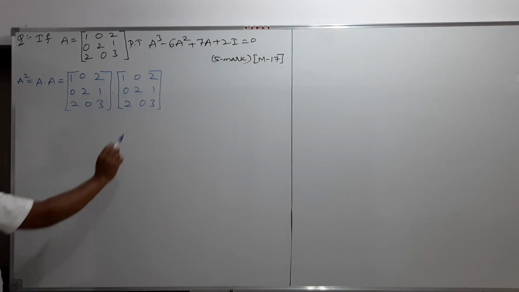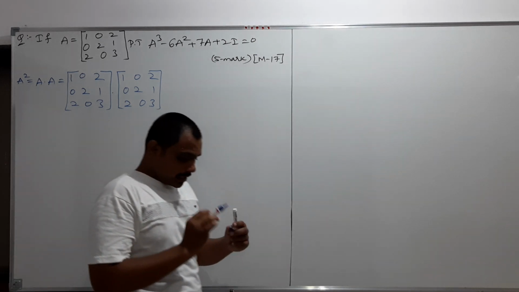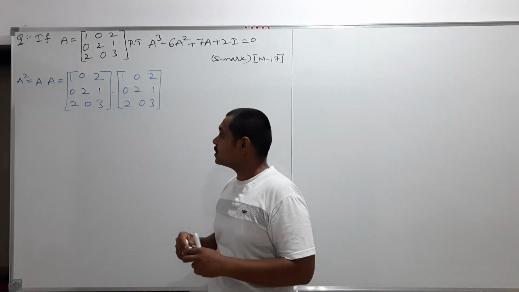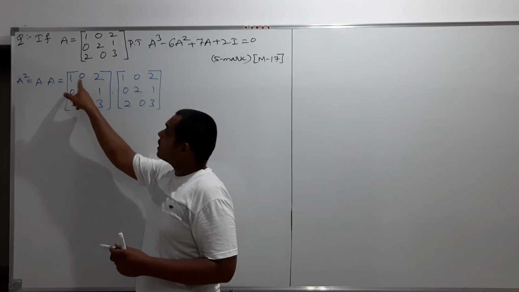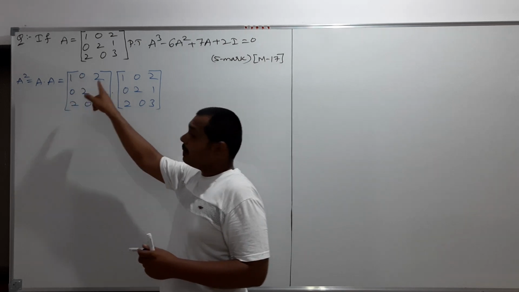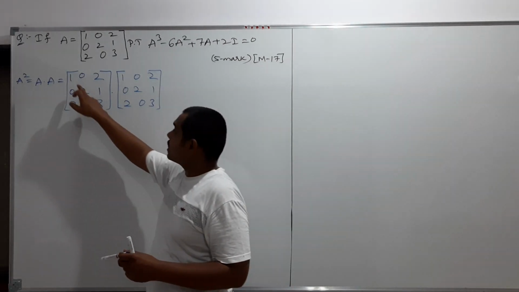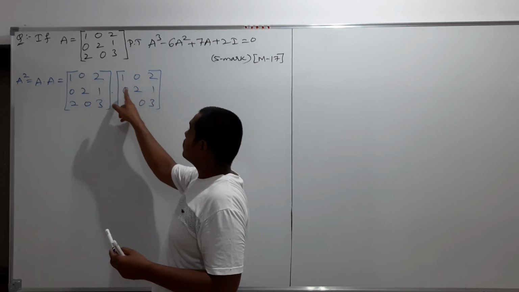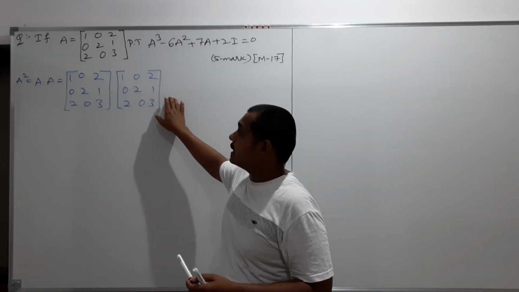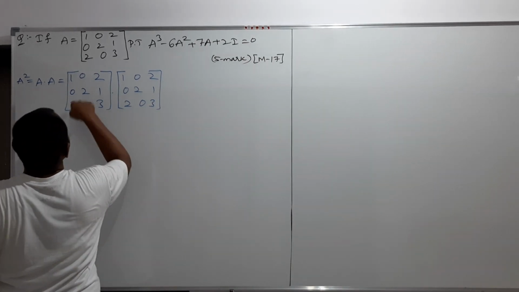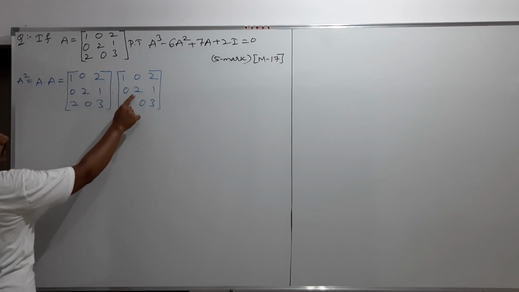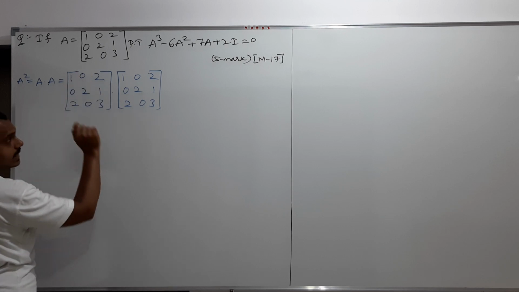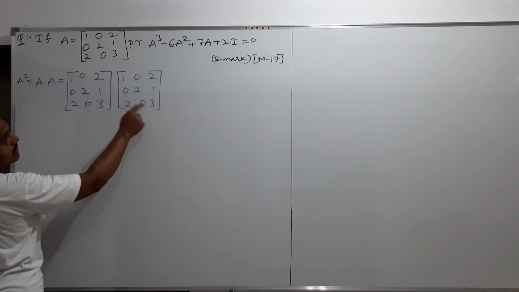Now we should multiply these two matrices. Before multiplying any two matrices, there is one eligibility condition. We should check that the number of columns in the pre-multiplying matrix is the same as the number of rows in the post-multiplying matrix. Here there are 3 columns and 3 rows.